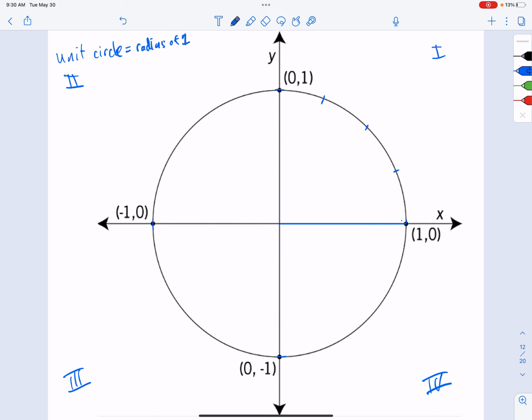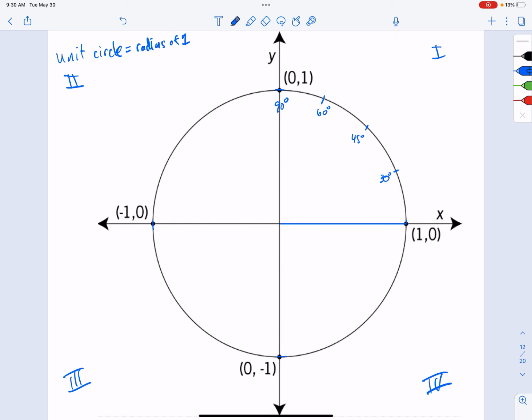And as we're going in this direction, in the counterclockwise direction, this angle is 30 degrees, 45 degrees, 60 degrees, and then I could keep going. I'm just going to focus on what's in the first quadrant right now.